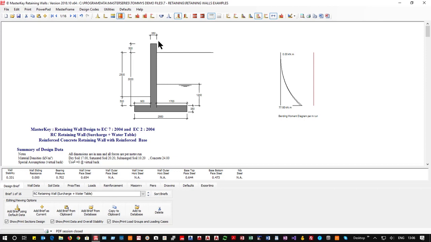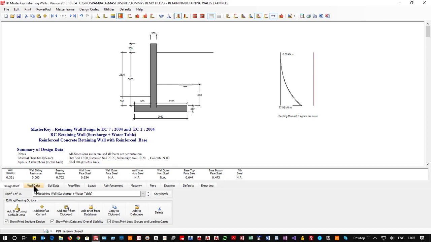Not necessary for the analysis, other than obviously the self-weight of this additional bit is included. So it's a way of getting self-weight onto the wall without having to put on point loads and things. So we're designing to EC7 2004 plus EC2 2004. So soils and concrete.